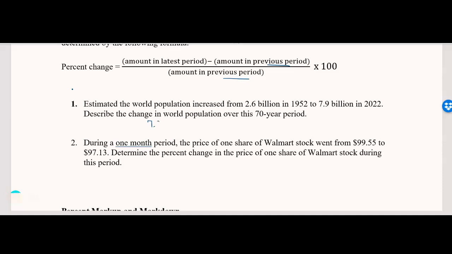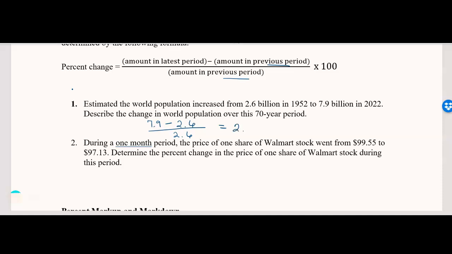That's 7.9 minus the amount from the previous period. Well, that would be from 1952, so that's 2.6. Remember, we always divide by the amount in the previous period. In other words, the number on the right should always match the number in the denominator. Now just do the math. So take 7.9 minus 2.6, then divide that answer by 2.6.